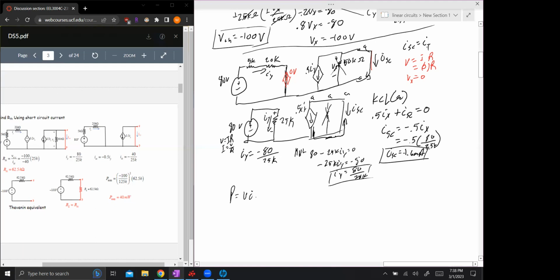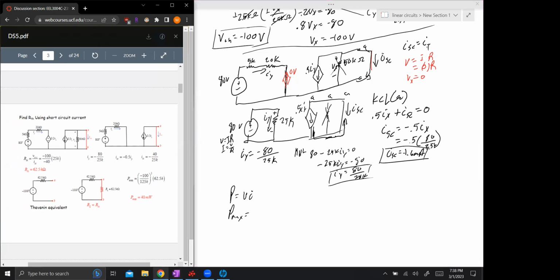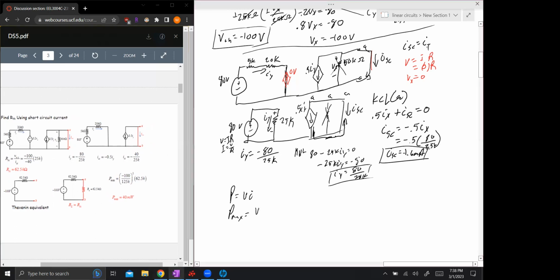But then they say power max. The power max formula is, what the hell is the power max formula? It's V Thevenin squared over 4 times RTH. V Thevenin squared over 4 RTH. Can someone check that for me though?